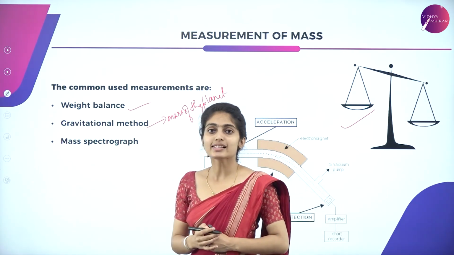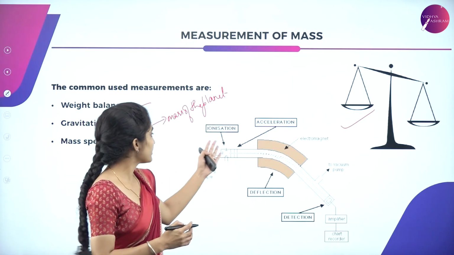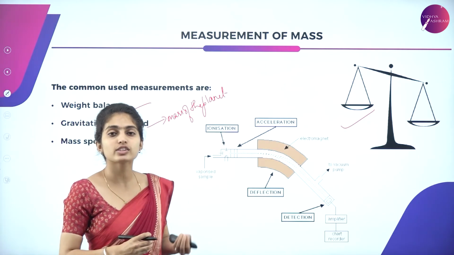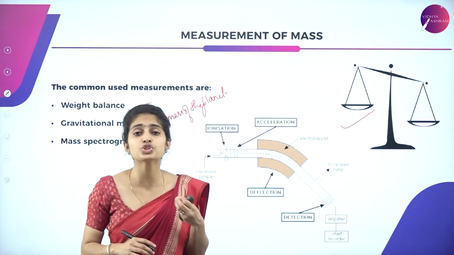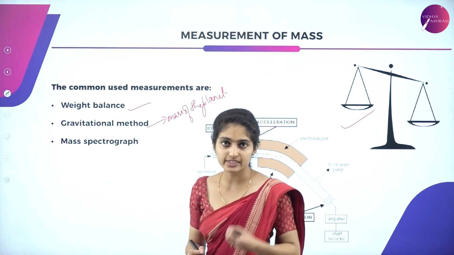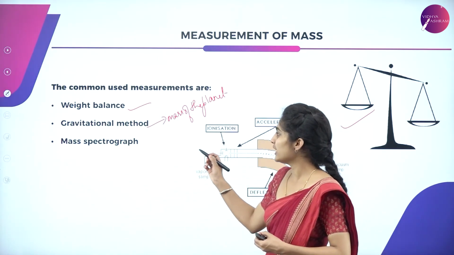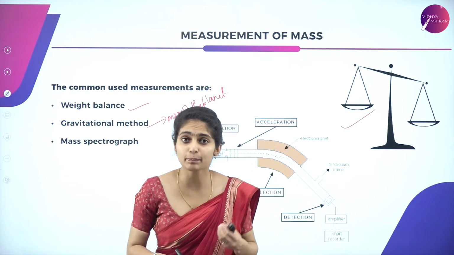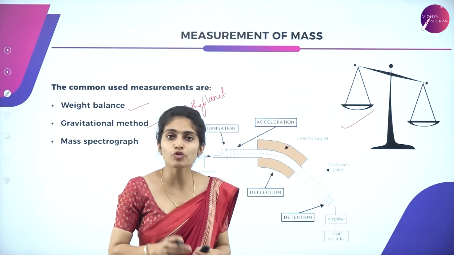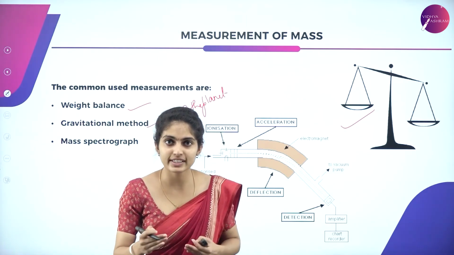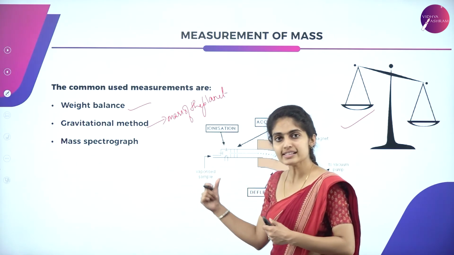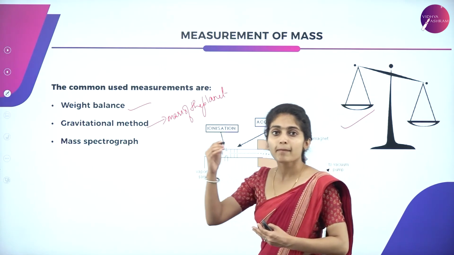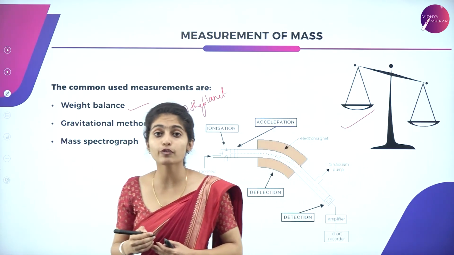Then the third one is mass spectrography. This technique is used to identify the mass to charge ratio of the ions. Mass to charge ratio. So in mass spectrography, what is the principle used? The principle is that moving ions may be deflected by electric as well as magnetic fields, and this is used to determine the mass to charge ratio of ions.